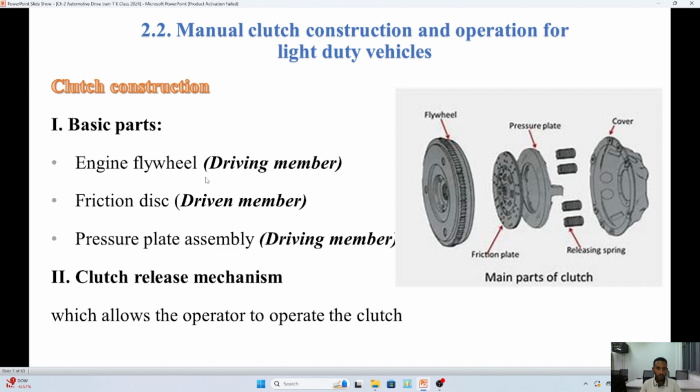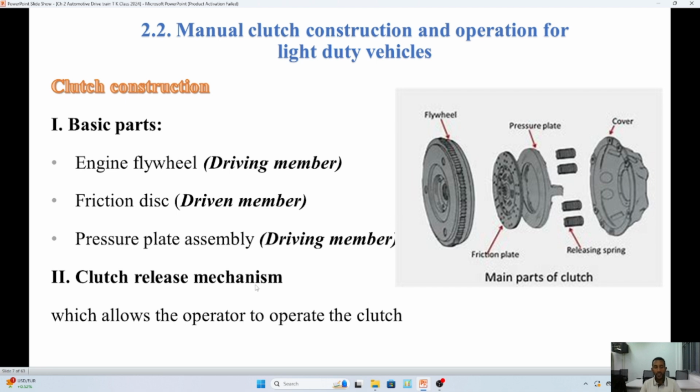If you consider the engine flywheel, friction disc, and pressure plate assembly, we call these the main parts of the clutch, because the pressure plate, the disc, and the flywheel are responsible for the clamping force, which means they are responsible for transmitting power from the engine to the transmission, and the transmission ability will be determined by the condition of these three components specifically.